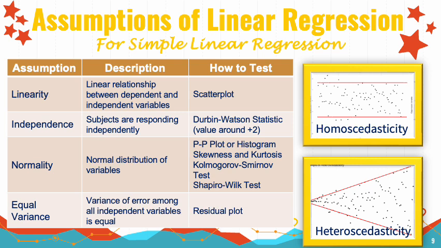The third assumption is the assumption of normality, which can be confirmed using one or more of the methods discussed from previous lectures. You can use a histogram, a PP plot, skewness and kurtosis, or statistical tests such as Kolmogorov-Smirnov or Shapiro-Wilk. The fourth and final assumption is equal variance, which can be checked by having your software provide a residual plot.